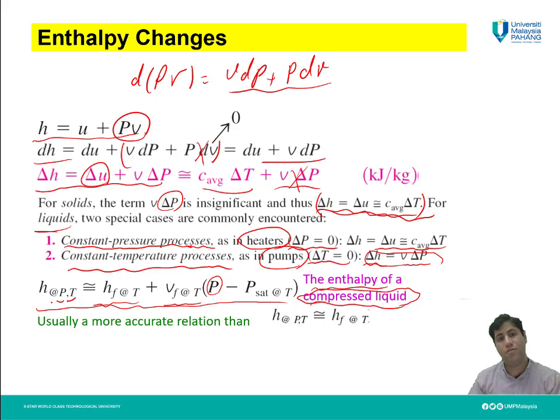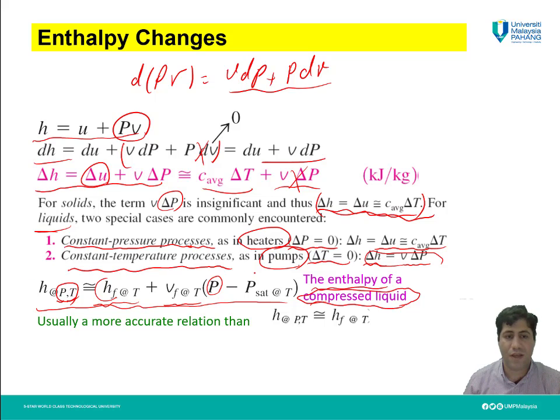As you remember from the previous chapter, we have a compressed liquid when the pressure of the liquid is higher than the saturation pressure, at the given saturation pressure and saturation temperature.